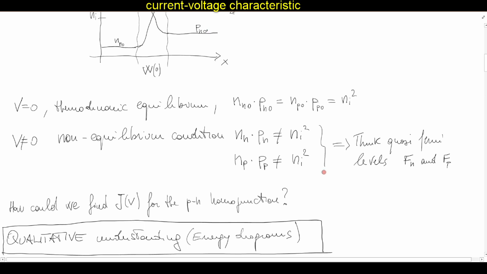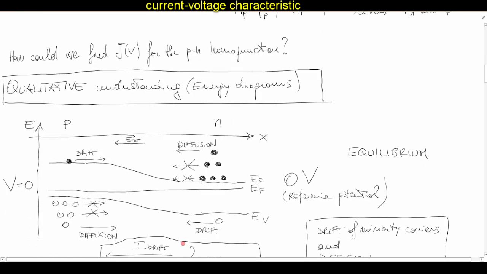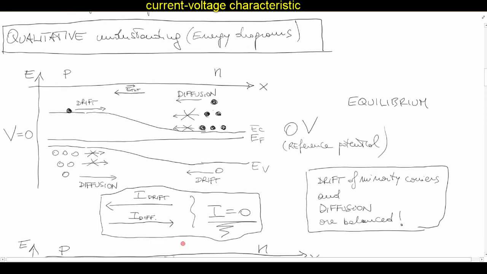So when we hear non-equilibrium, we immediately think quasi-Fermi levels for the quantitative part. But now I wanted to first do a very important qualitative part. So quantitative later, and now qualitative. I just made a few nice diagrams on my notes that you will have. So there is no need really to write down, because these are notes you will get later today.